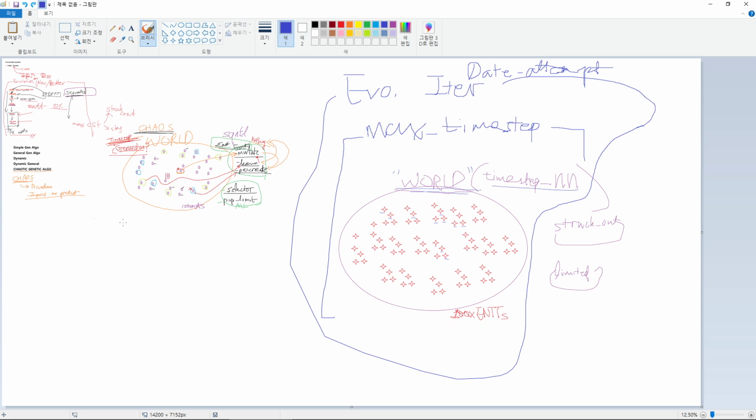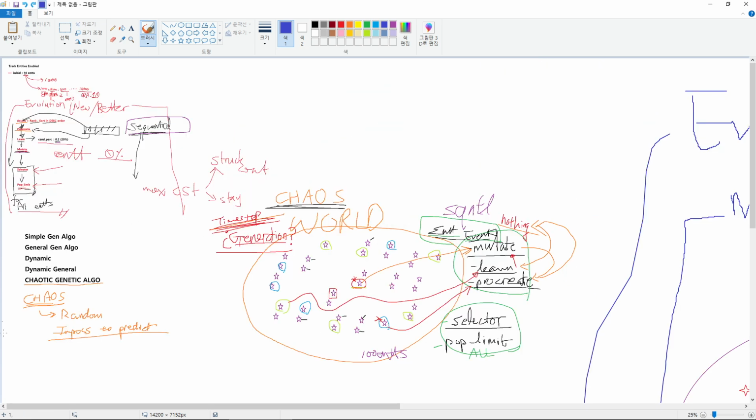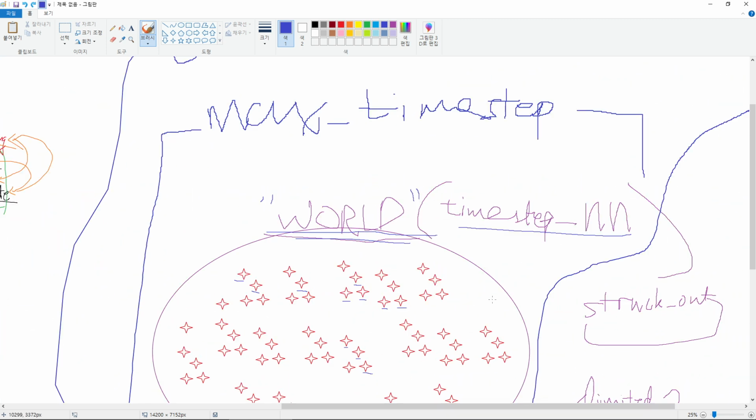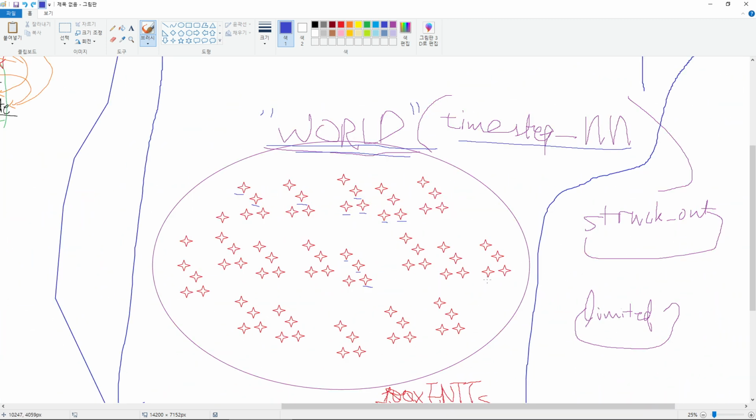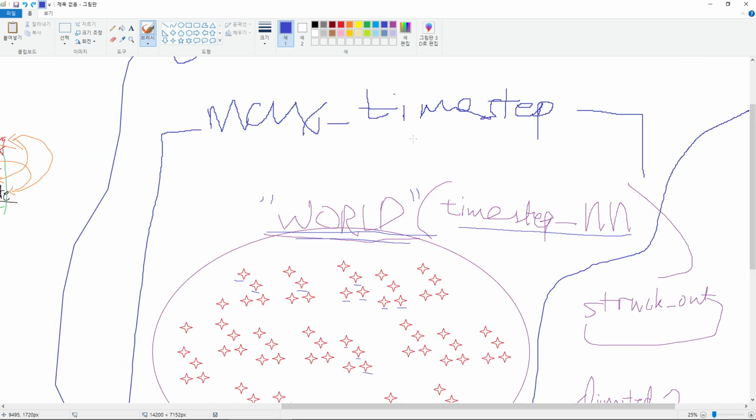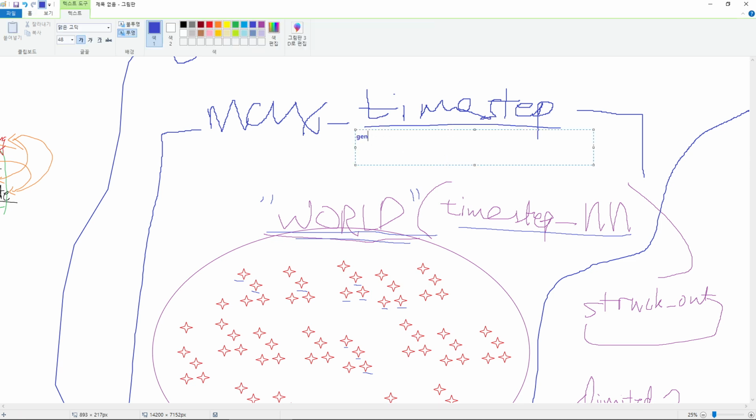But the reason I usually have called it a generation, I'm talking about the time step here. The unit for the time step used to be generation until now, and I still think it should be.